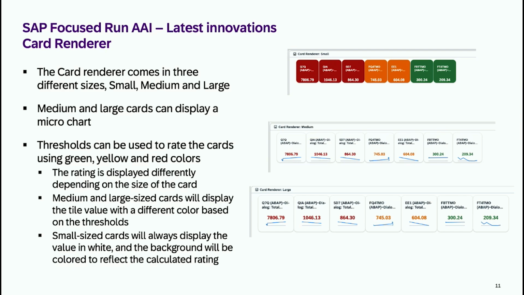And as you can see, you can also add a small optional microchart within the tile. So it's very convenient. I will show you later how to display availability data for a bunch of systems, or the response time from different transactions, and so on.